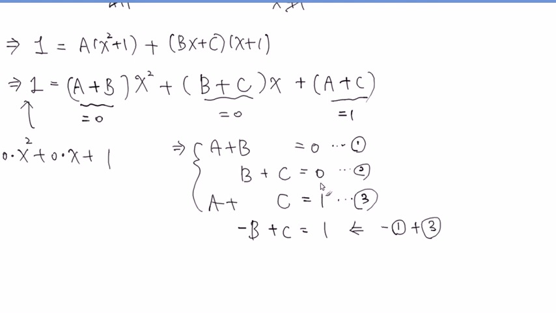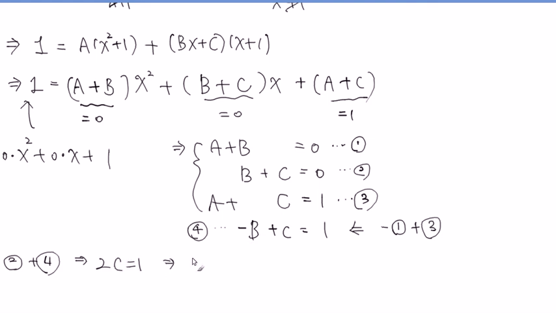So now we're looking at equation 2 and this equation 4, if I label it. 2 and 4 say b plus c equals 0, negative b plus c equals 1. So that's a 2 by 2 system. Usually you know how to solve this one, right? So how do you get rid of b? Add 2 and 4, is that right? Then you get rid of b, so we end up at 2c equals 1.